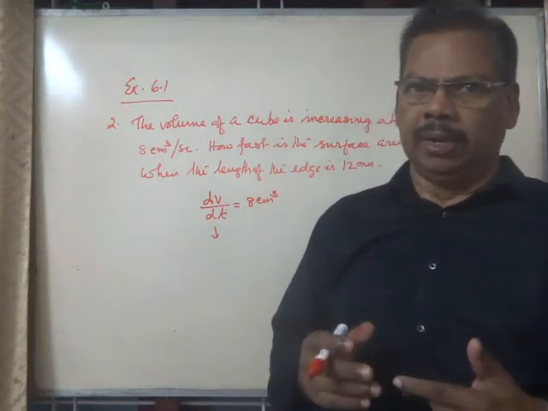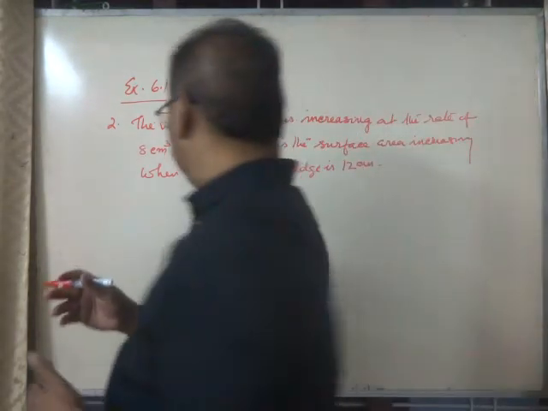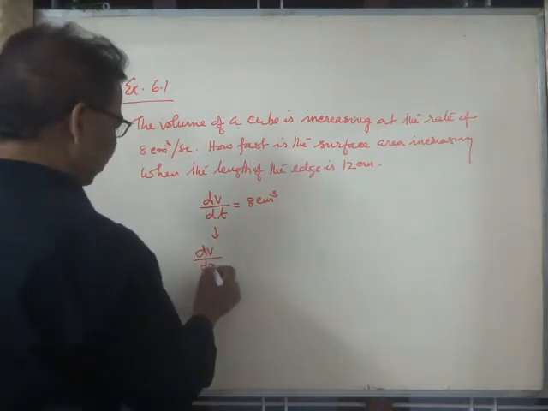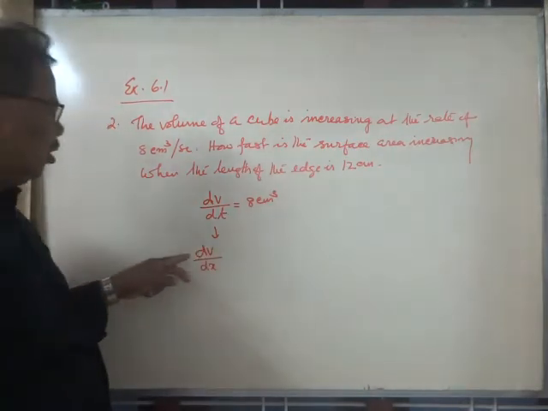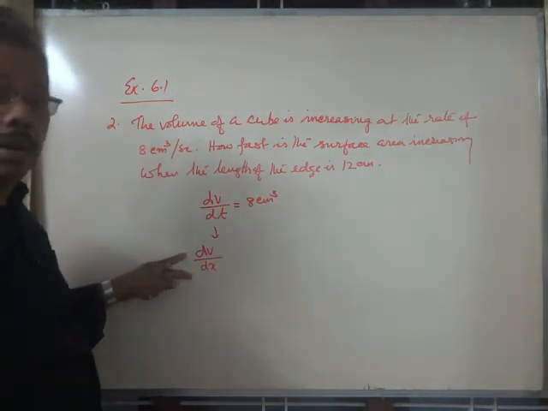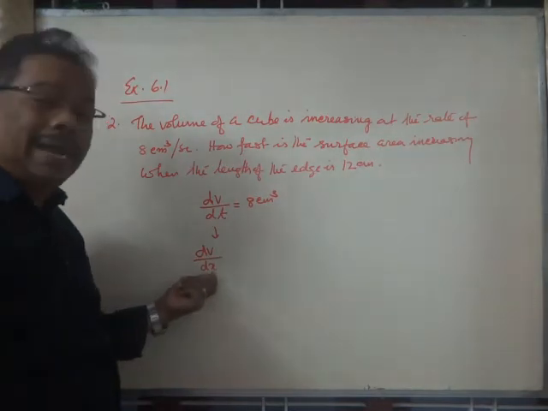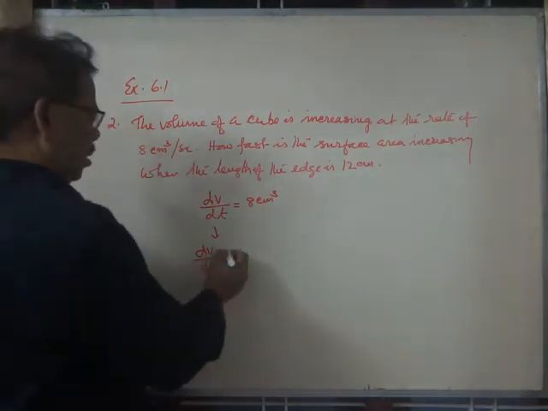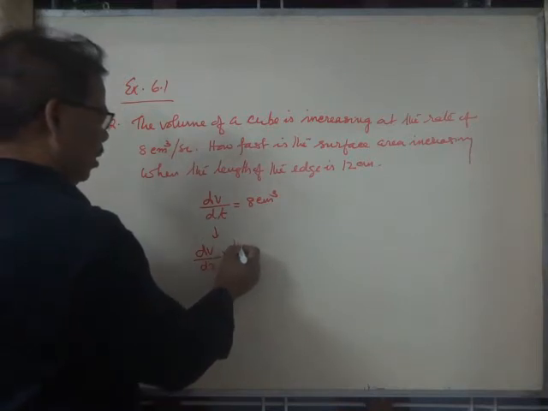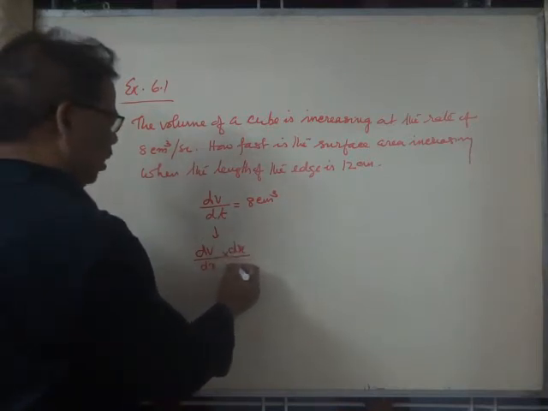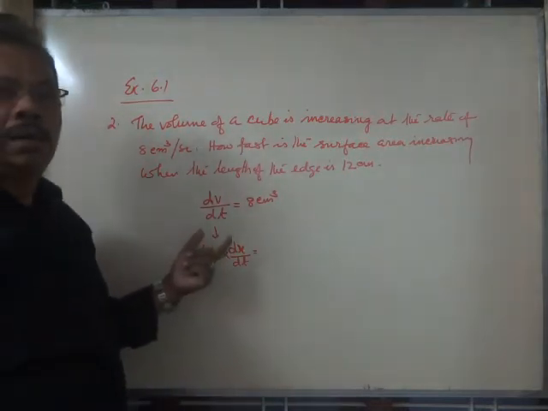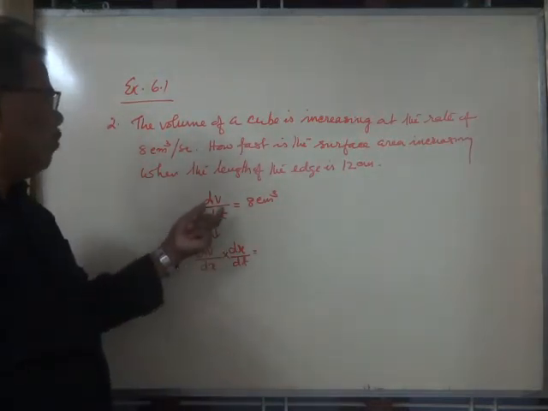So dV by dx is the rate of change of volume with respect to side length. When it is multiplied by dx by dt, we get the derivative of volume with respect to time.